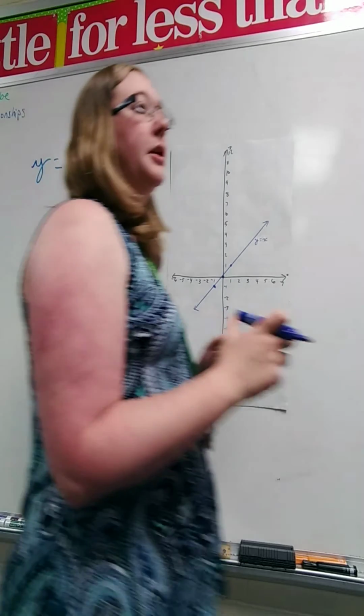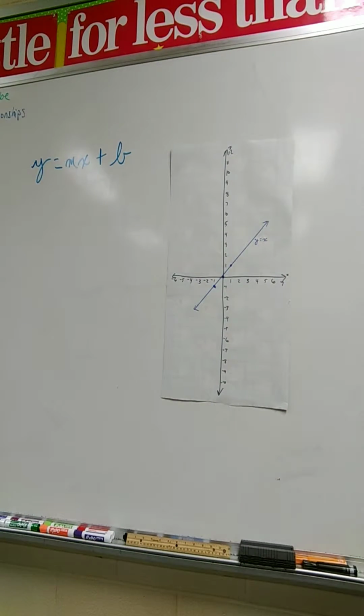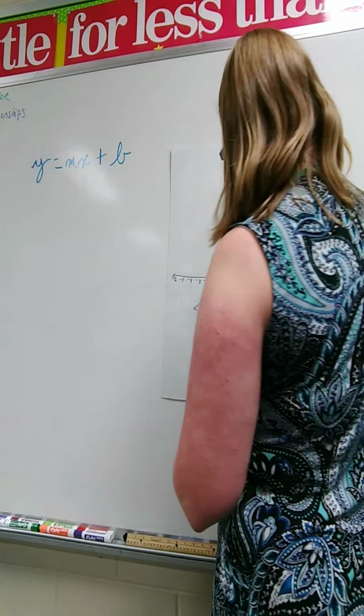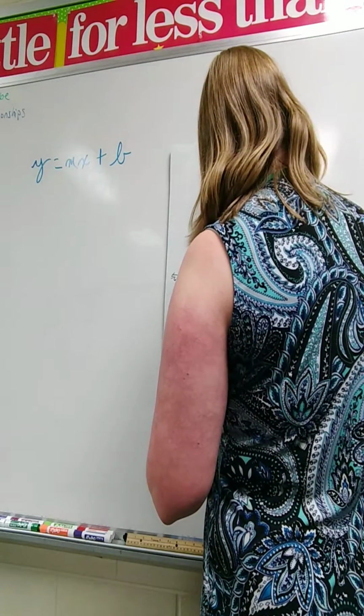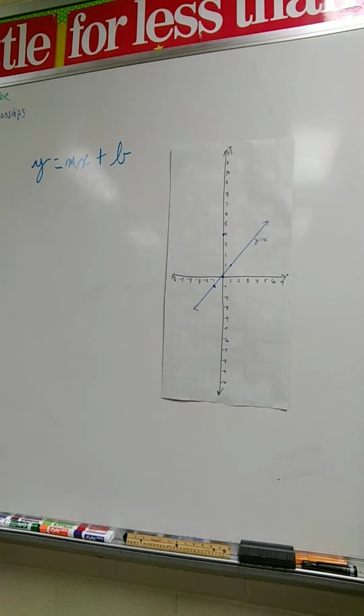If I'm looking to graph y equals negative 3x plus 4, what is my y-intercept? Double check. So I'm going to put my point at 0, 4. Okay. What is my slope?